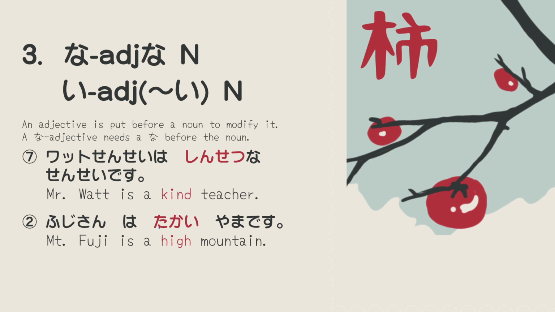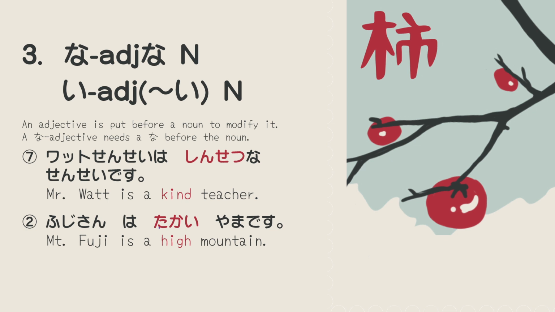So that is how we usually use our adjectives, right? Right before a noun. So this is the same in principle. Now we have here, for example, Wato sensei wa shinsetsu na sensei desu. Now this is where na is going to be used for na adjectives. We also had Fuji-san wa takai yama desu.